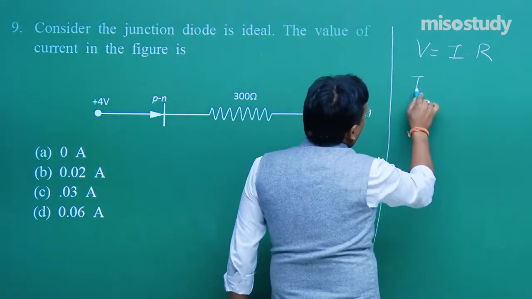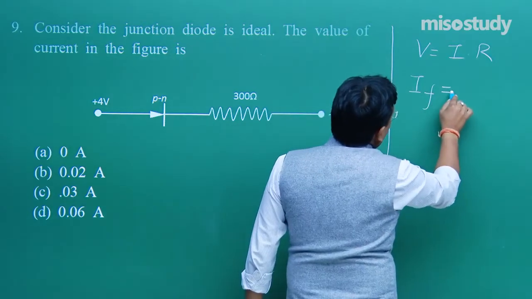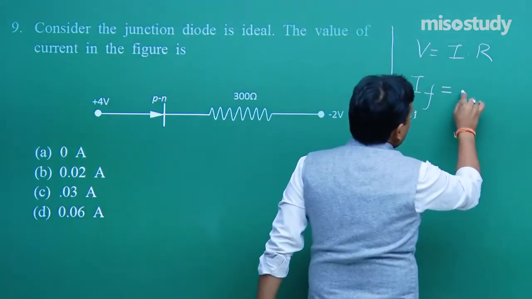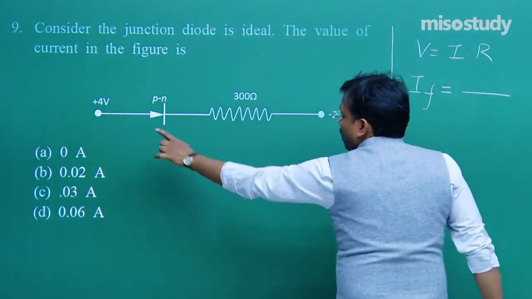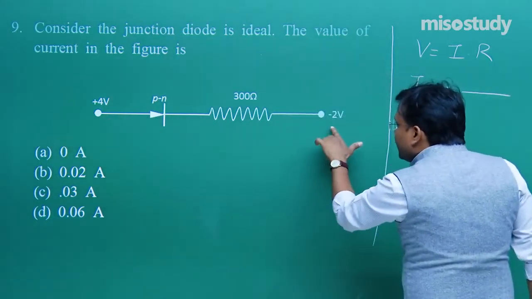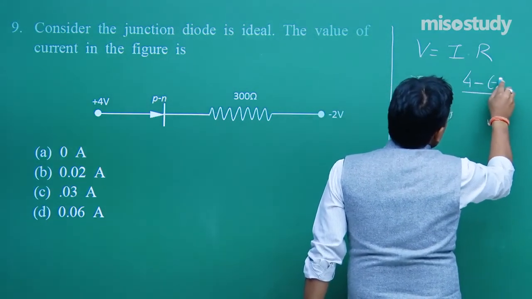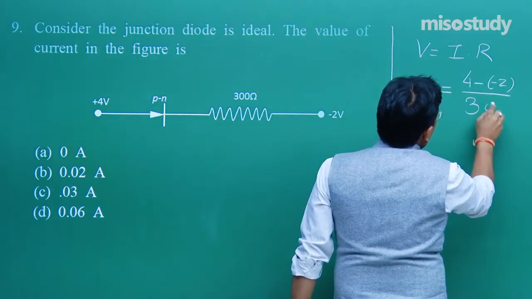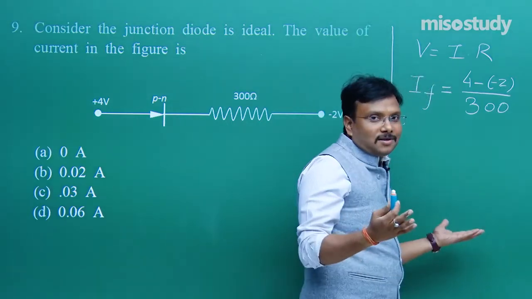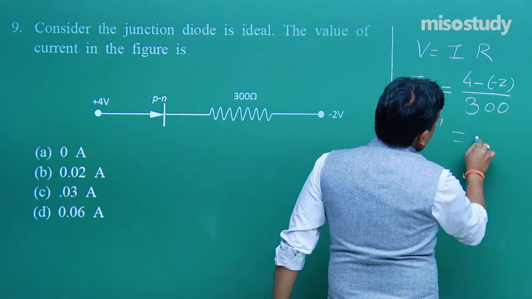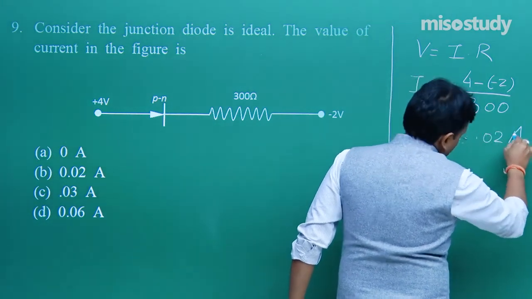Fine. I final is equal to V upon R. So it's going to be 4 minus 2 upon 300. Simple formula, simple result, that is 0.02 ampere.